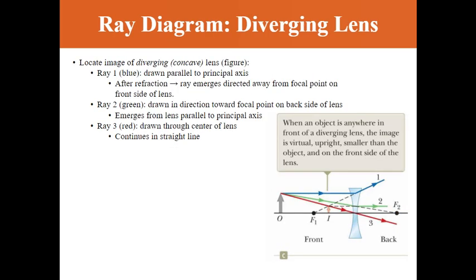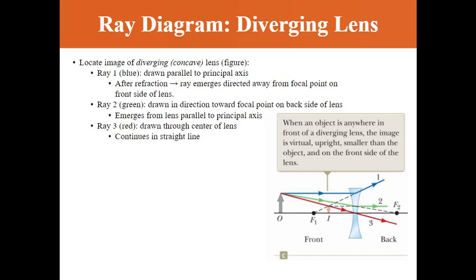Diverging lenses, much like diverging mirrors, can only create virtual images, those that appear on the same side as the object. The ray diagrams, again, follow the same idea: the first ray starts off parallel to the axis, then appears to come from the first focal point.